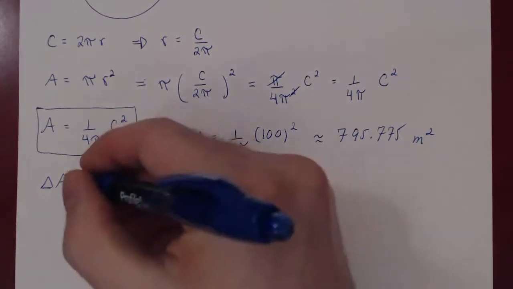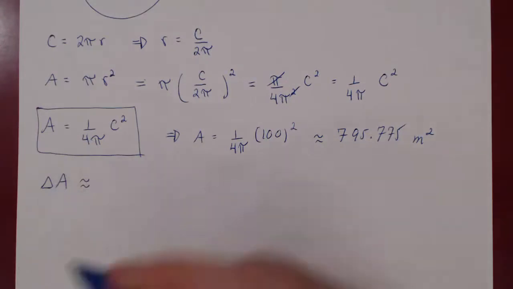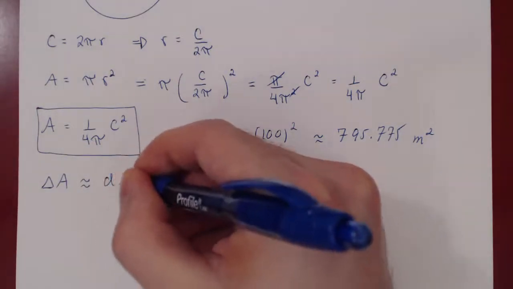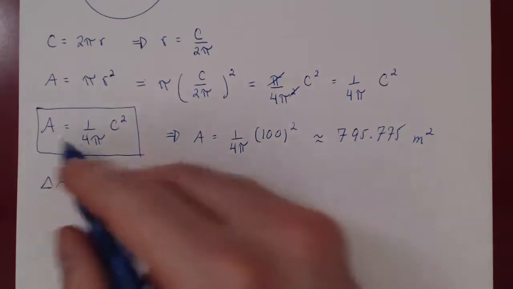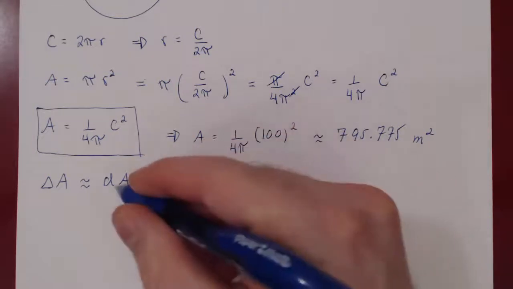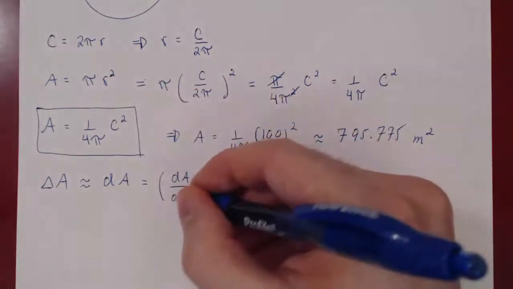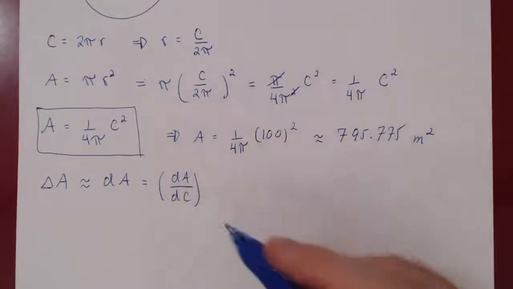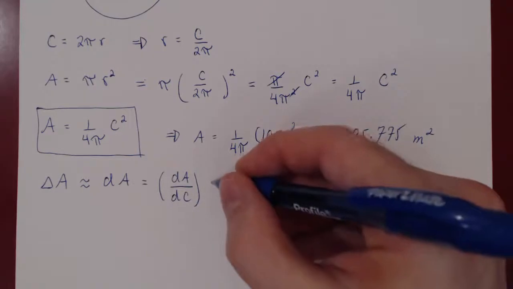So we can estimate the change in the function, delta A, by its differential, by dA. And because now A is a function of C, the differential in A is the derivative of A with respect to C, times, well, if you want to be left with dA, you have to multiply by dC.